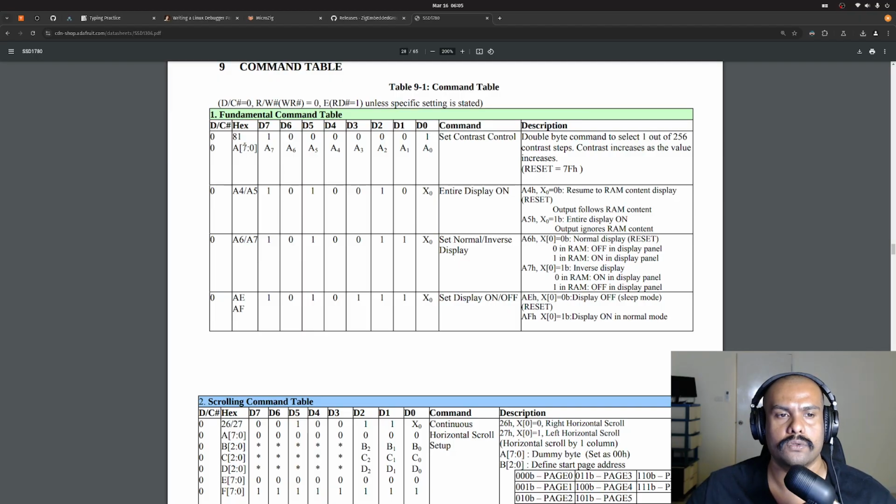A7 to 0. A4/A5, A6/A7. Isn't A7 the control pin? Or the data pin?